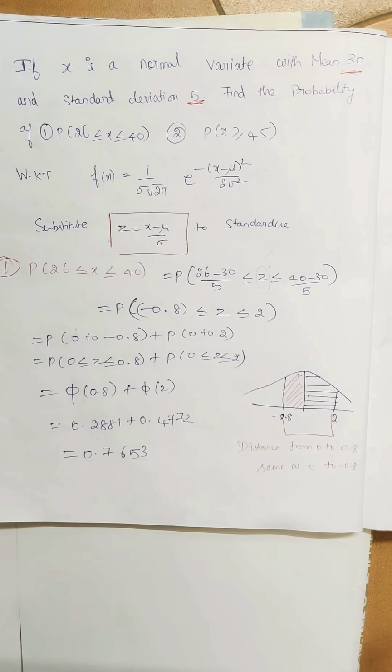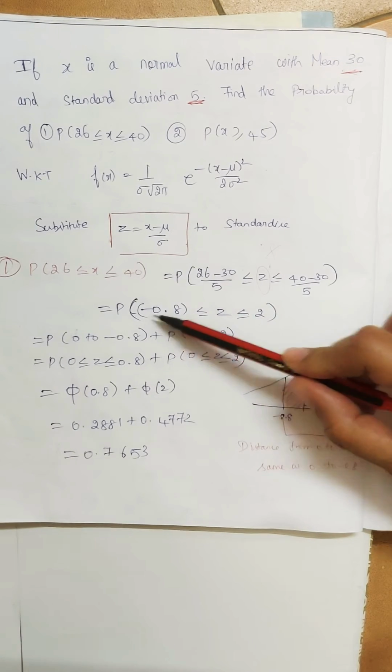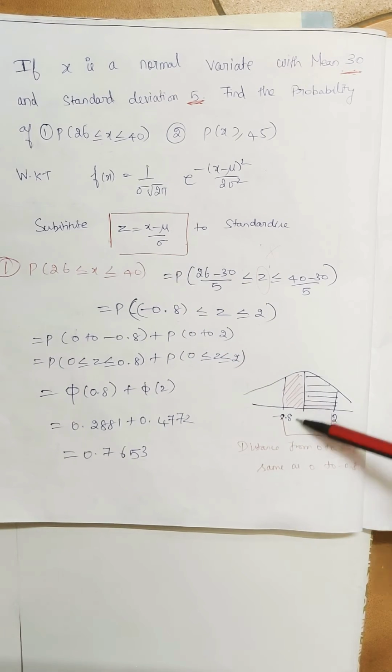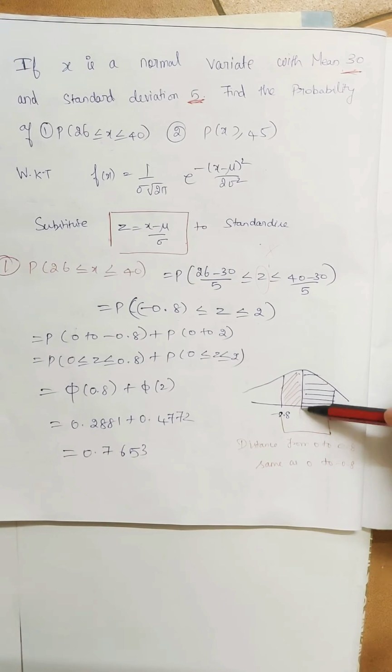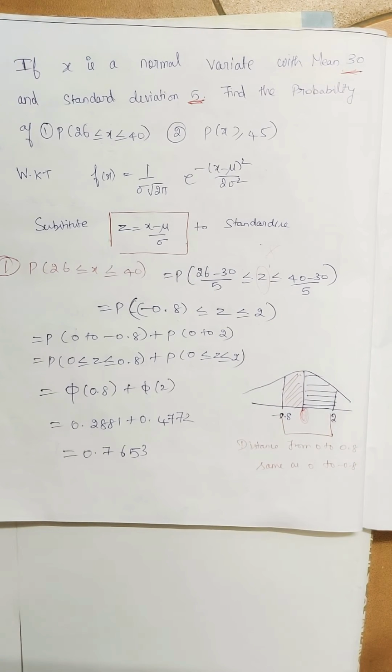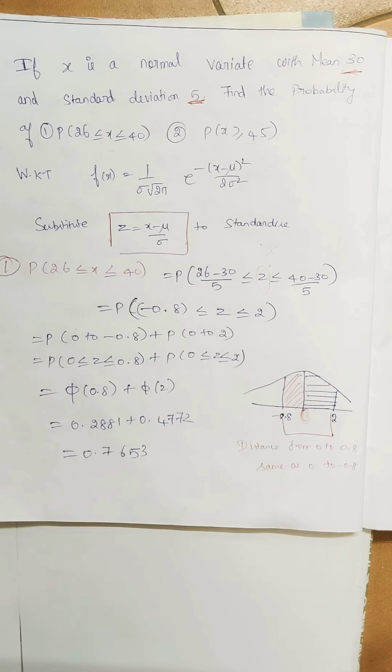Okay. So now here comes the challenge. Listen carefully. It is just the area from minus 0.8 to 2. Correct? So in my graph I am plotting minus 0.8 and 2. And if you see here, this is 0. Minus 0.8 to 0 I have marked in red. 0 to 2 I have marked in blue. So we want the total area for the problem. Now when I say the area from 0 to minus 0.8, it is the same as from 0 to 0.8.